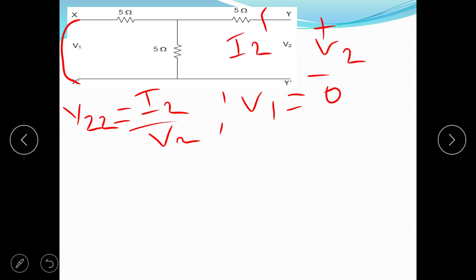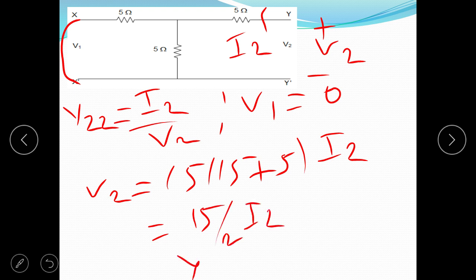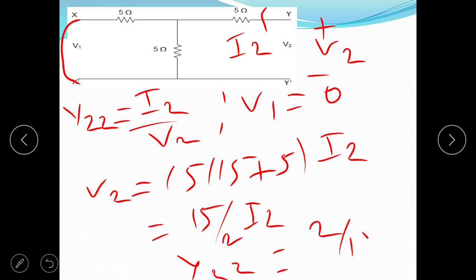So V2 is equal to 5 parallel 5 plus 5 into I2. So the value of this is 15 upon 2 of I2. So the value of Y22 is equal to 2 upon 15 mho.